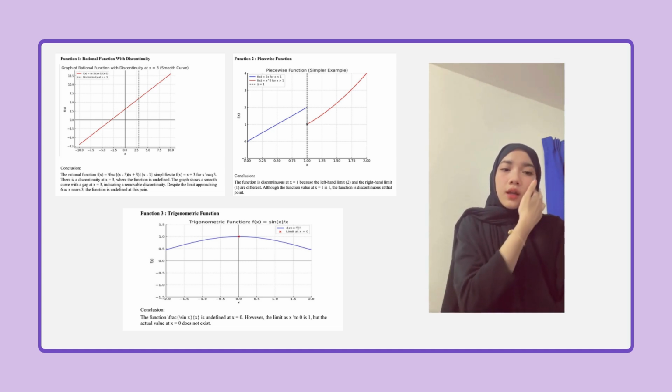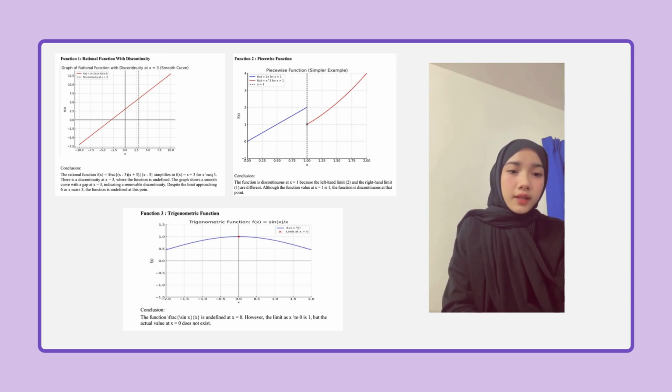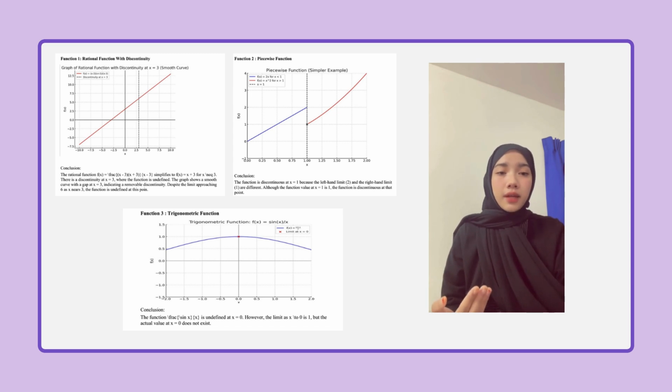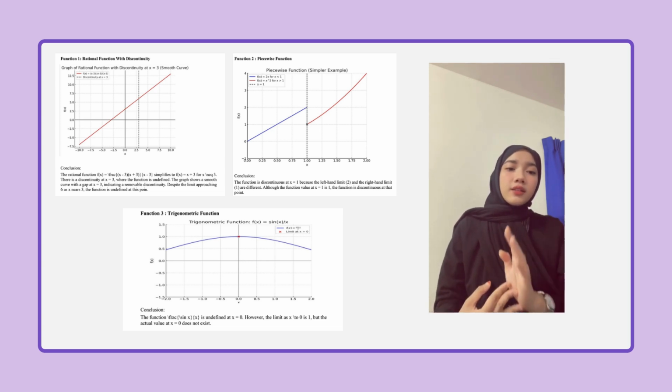Next, we examine the continuity of a piecewise function at x equal 1. The left-hand limit, that is the limit of f of x as x approaches 1 from the left, is 2.